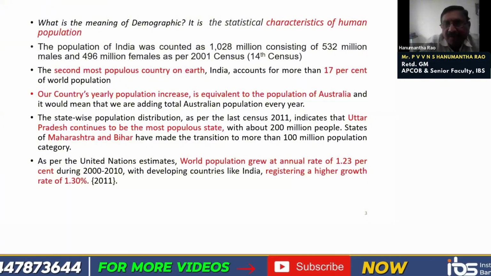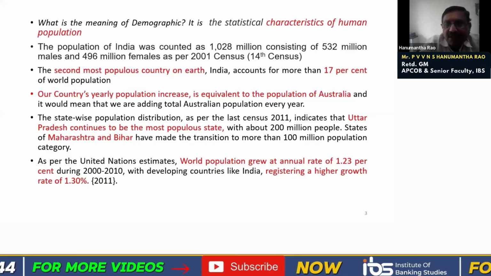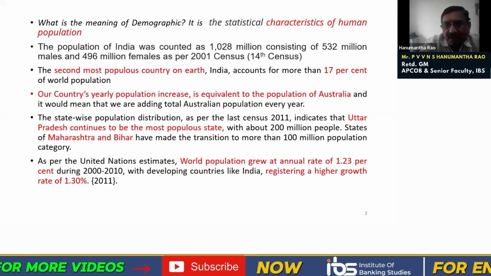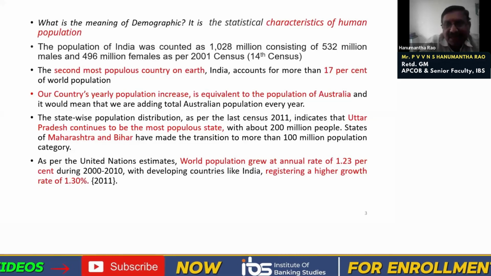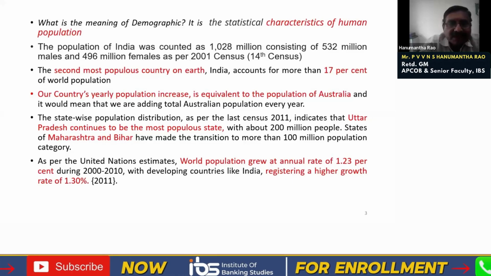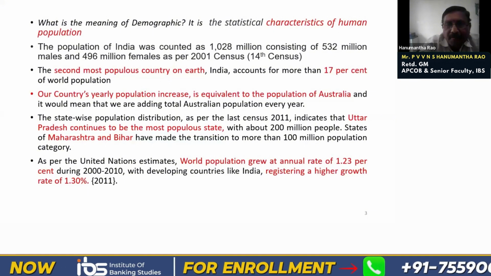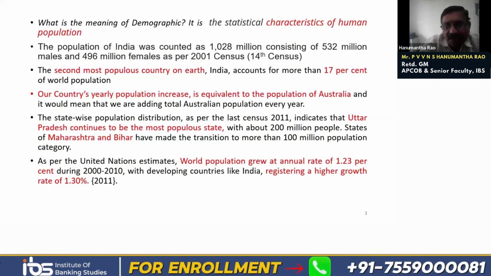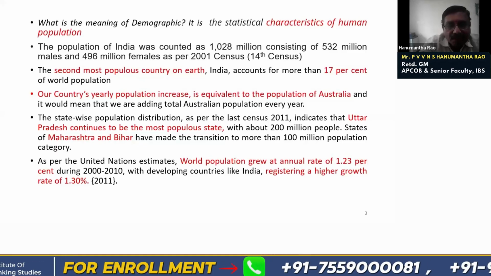They are having more than 100 million population. Uttar Pradesh is having 200 million population. Million means 10 lakhs, so 10 lakhs into 200. Uttar Pradesh is the most populous state in India, followed by Maharashtra and Bihar. They are having more than 100 million population.